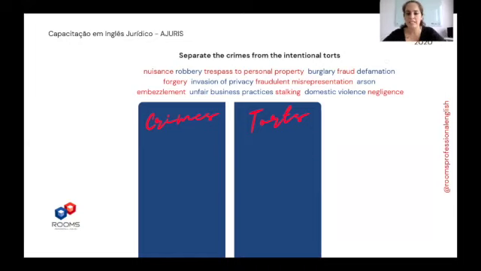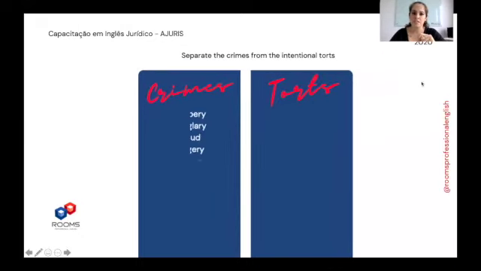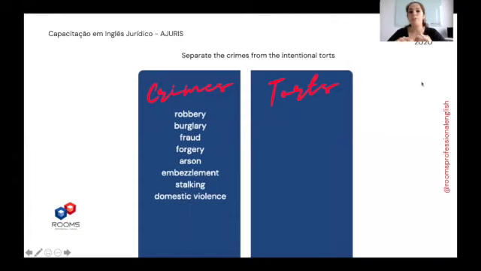Of course, what we are seeing here is the division of these illegal acts, either they are criminal or civil, regarding common law jurisdictions. So some things might differ to what we have here in Brazil, but considering common law jurisdictions, we have robbery, burglary, fraud, forgery, arson, embezzlement, stalking, and domestic violence as crimes.